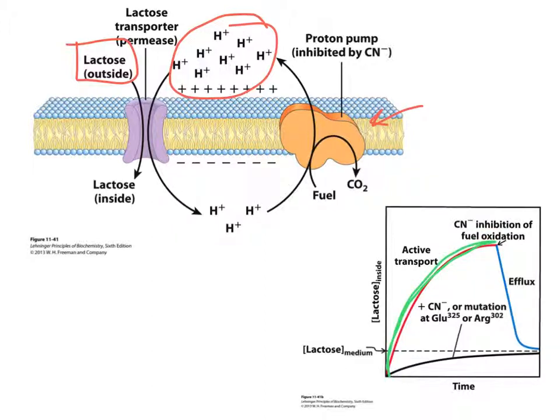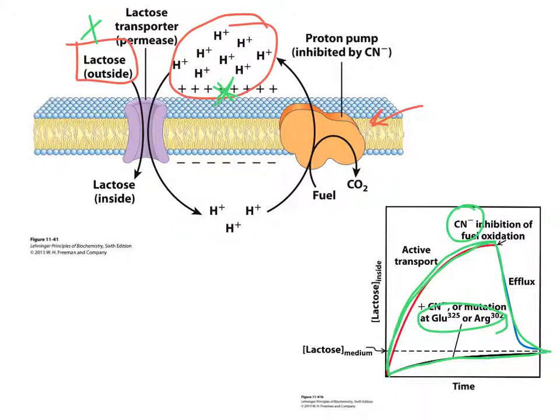If we either add a small molecule inhibitor of the pump, such as cyanide, or if we mutate the pump to a mutant that has lower activity, what you can see is that our lactose transport is going to be decreased. So that's what you're looking at in both of those examples. If you do anything to alter production of this proton gradient, you will inhibit your lactose transporter.